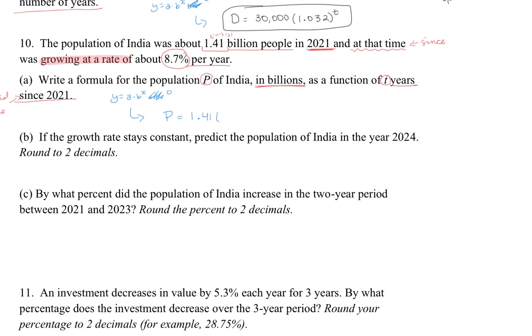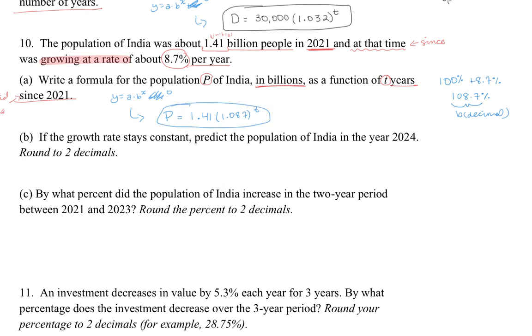And then we want our B, and we know we're increasing, so I'm going to do this off to the side. 100% plus this 8.7% increase a year gives you 108.7%. So that means our B as a decimal is 1.087 to the T power, because that is the variable we were asked to use. So that is our answer for that one.